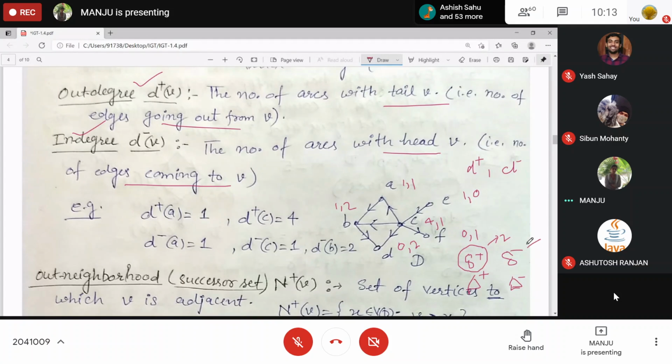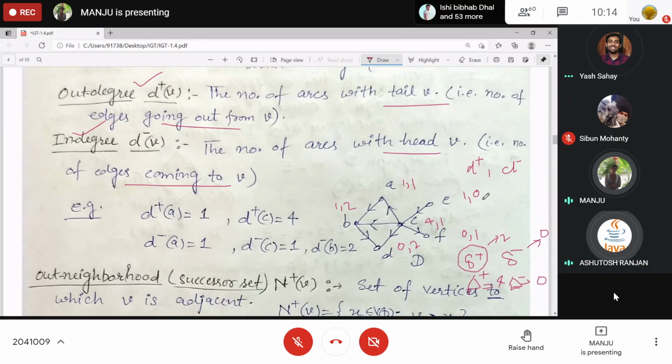Minimum is 0. Now look at all the out degrees. Maximum is 4. Minimum is 0.